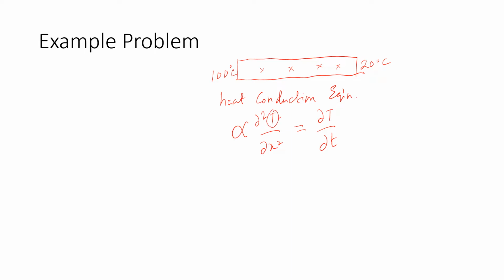This T is the temperature, and this x is the position or spatial coordinate, which is 0 at the point of application of the heat source, and it increases towards the right hand side.